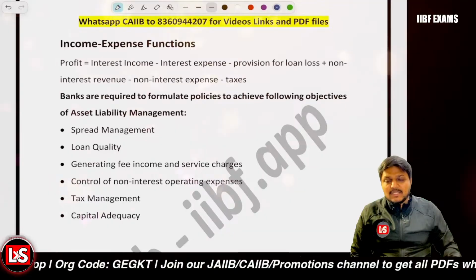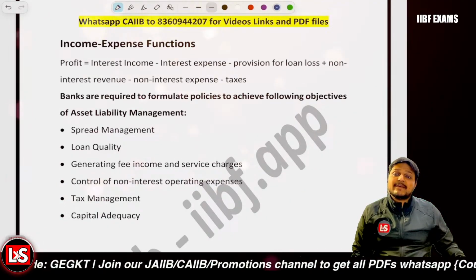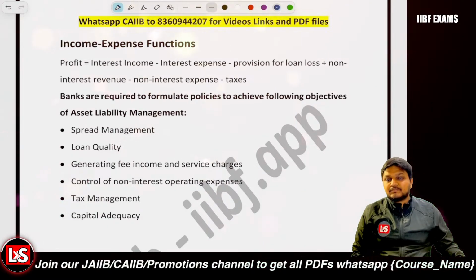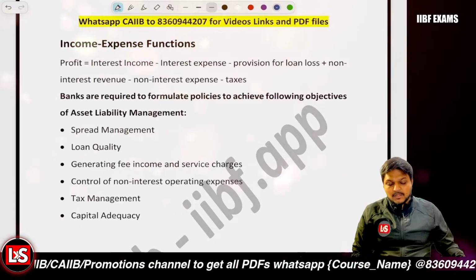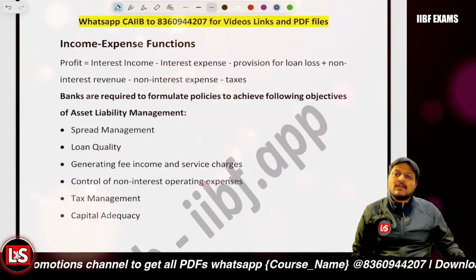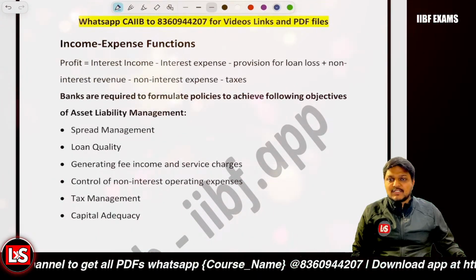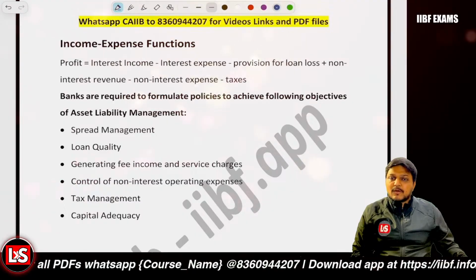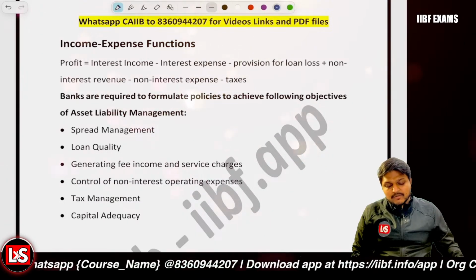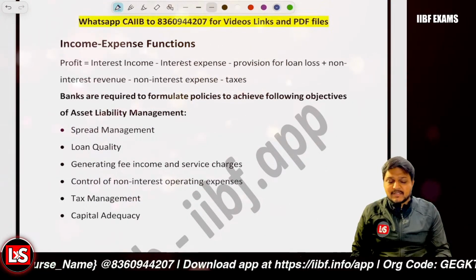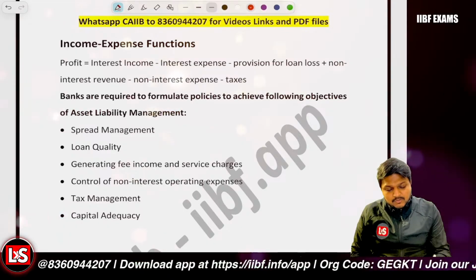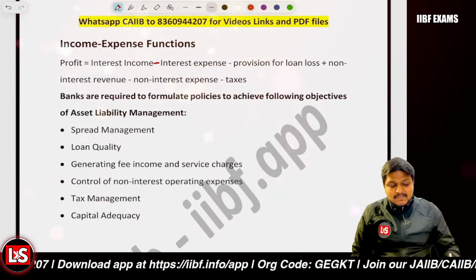Then it's about income expense management under the ALM. Now, how will profit be calculated? What is the profit equation? Whatever the interest income is, we subtract the interest expense.